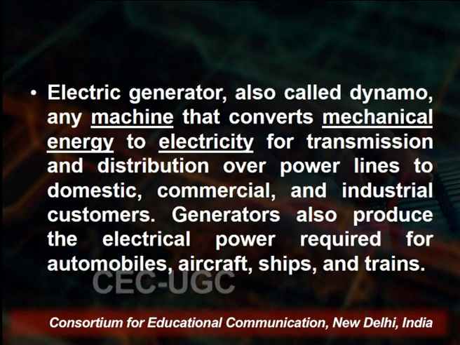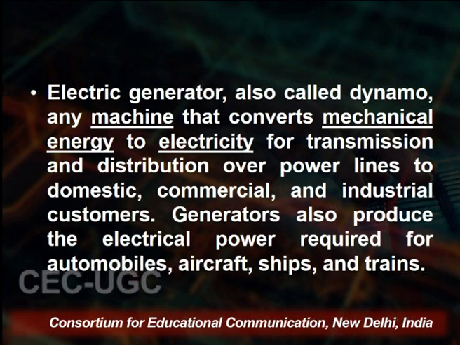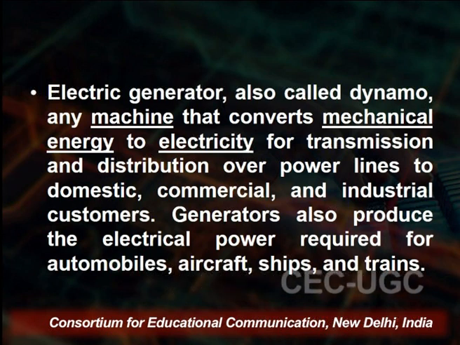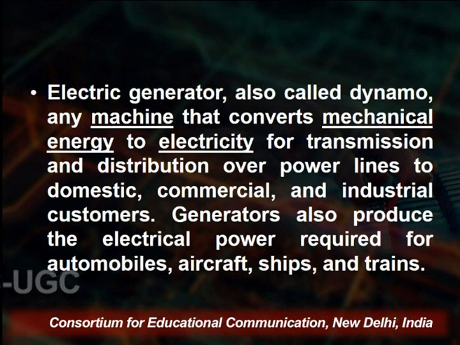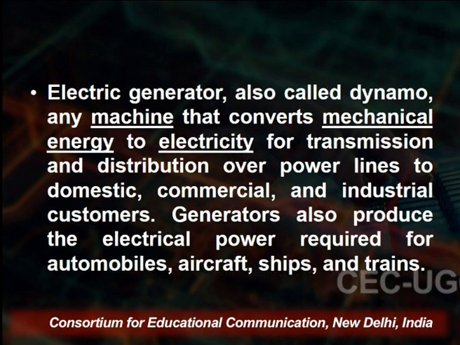So an electric generator is a device which converts mechanical energy into electricity, for transmission and distribution over the lines to domestic, commercial and industrial customers. Generators also produce the electrical power required for automobiles, aircraft, ships and trains.